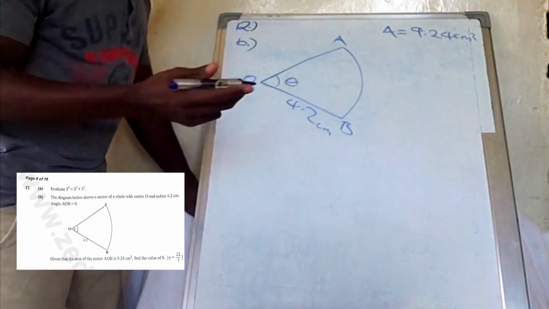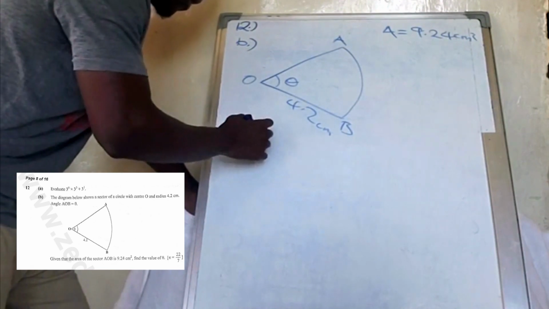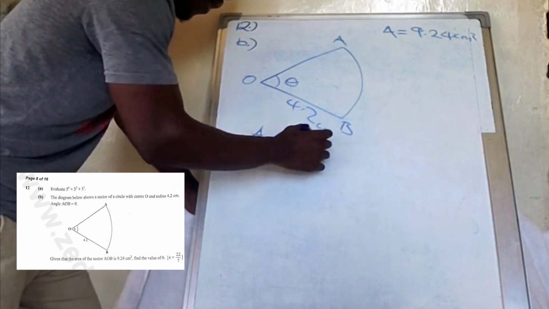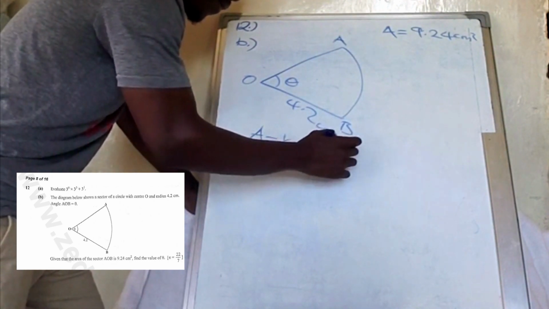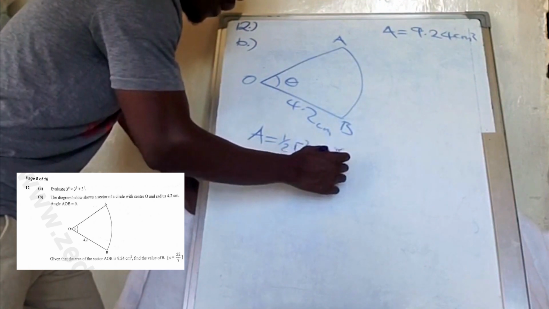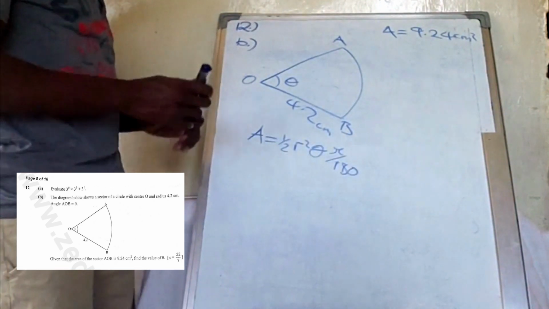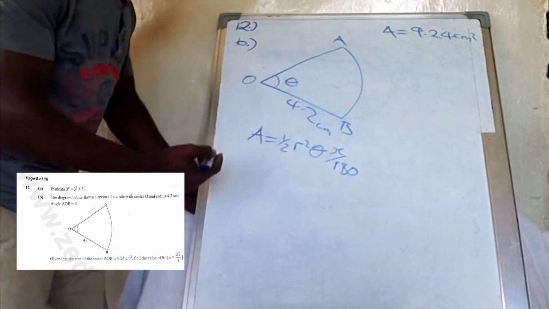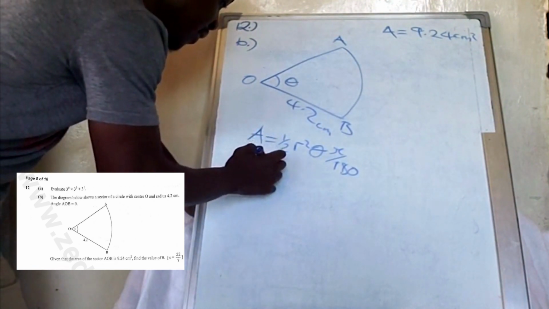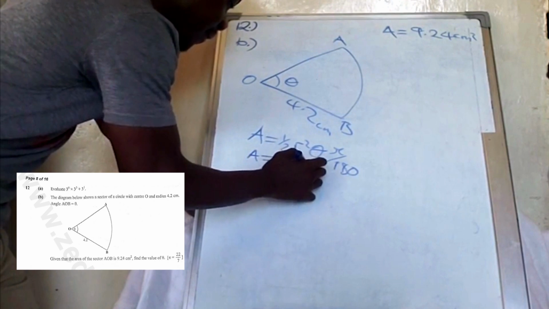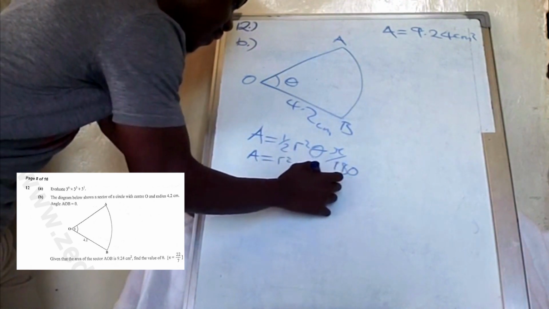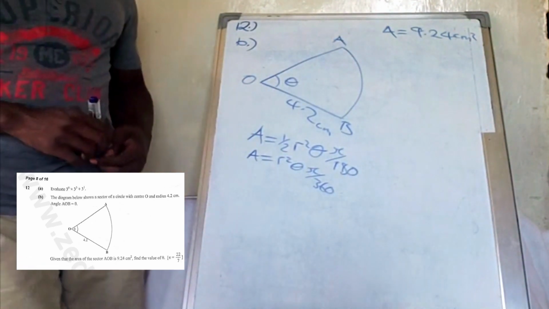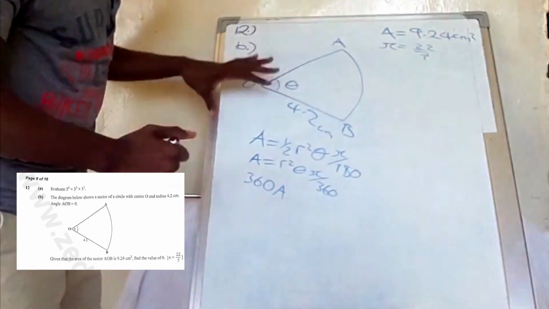To find the area of a sector, the formula that we use is area equals half r squared theta pi over 180. So maybe let's simplify this. 2 multiplied by 180 will give us 360. So area is simply equal to r squared theta multiplied by pi over 360. This is the formula that we use.